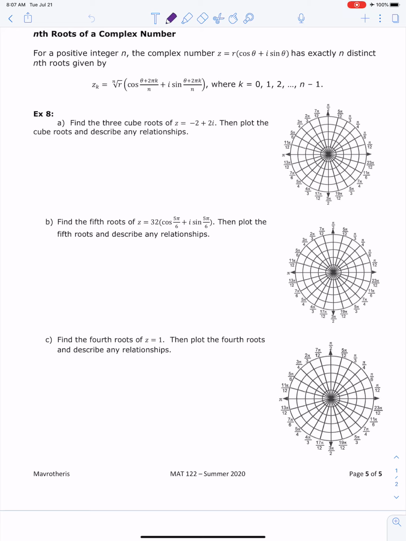So we are going to add 2 pi k and divide by n until we get the number of roots we need. And hopefully I can help that make a little more sense in a minute.